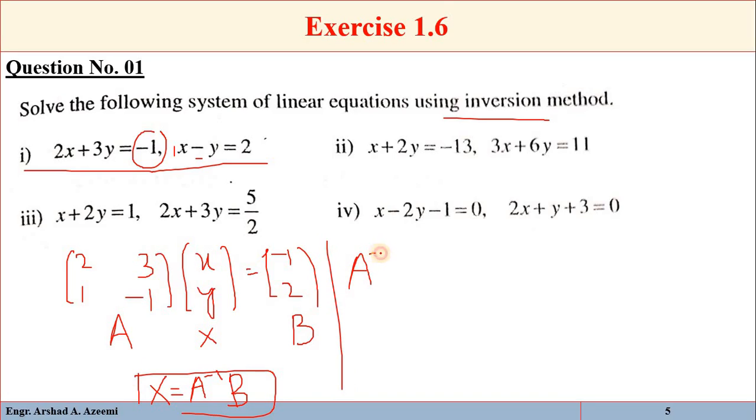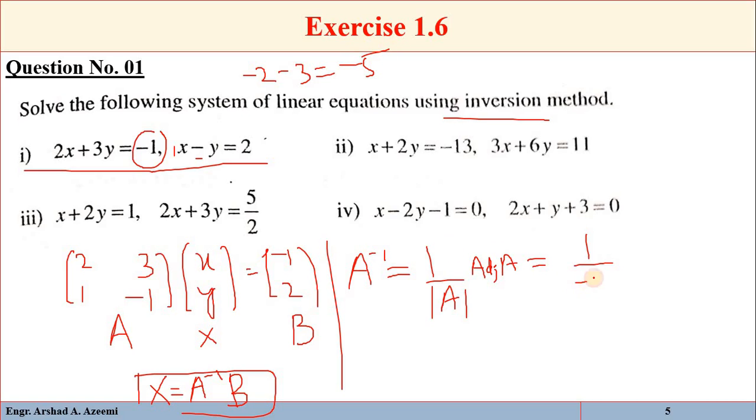A inverse is equal to 1 over the determinant of A multiplied by the adjoint of A. First, the determinant will be 2 multiplied by -1, which is -2, minus 3 multiplied by 1, which is -3, so it is equal to -5.